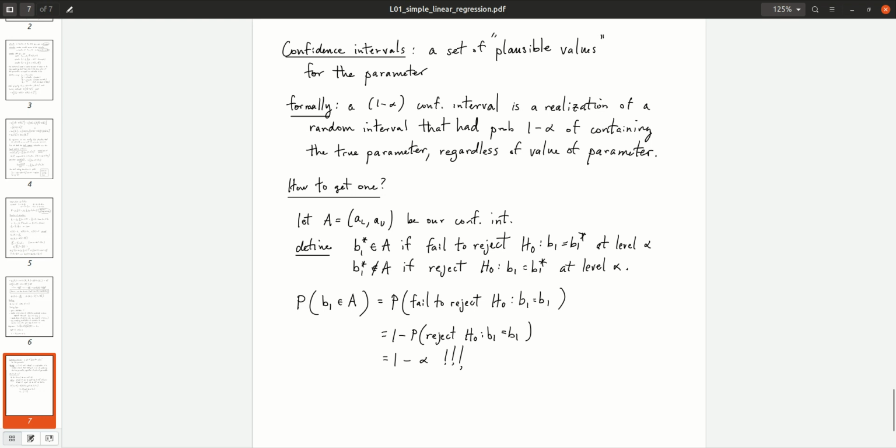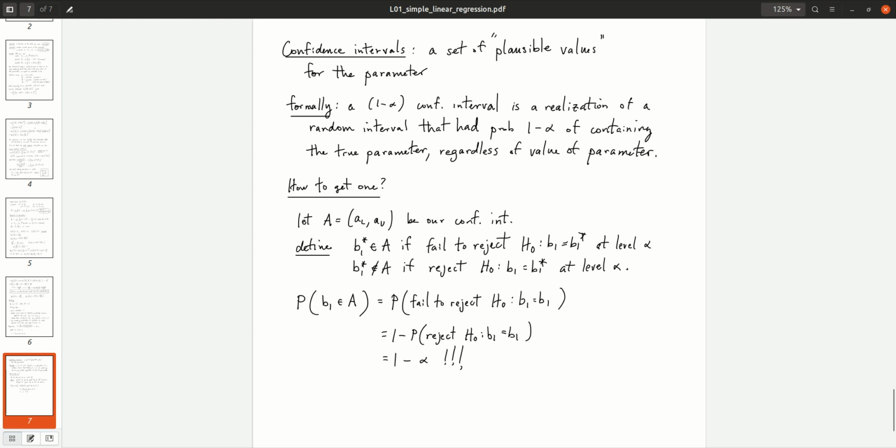Now, if we take the complement of this event, this is 1 minus the probability that we reject the null hypothesis when it's true. And we've set up our hypothesis test so that this probability is alpha. And so we get 1 minus alpha.